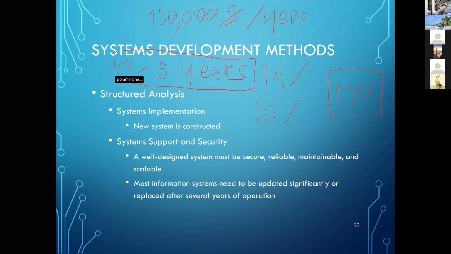For example, if a company would like to buy a computer, the computer in the company is normally used for around 3 up to 5 years, and then they have to replace it with a new one. The same as software. You may use the software up to 5 years before you change to a new one.